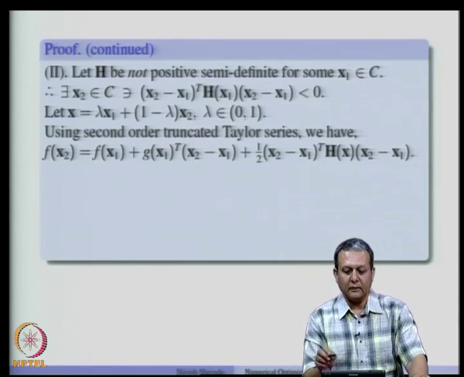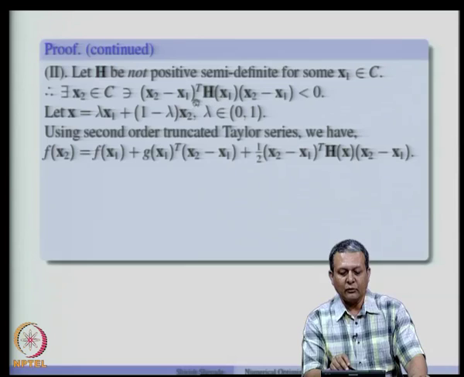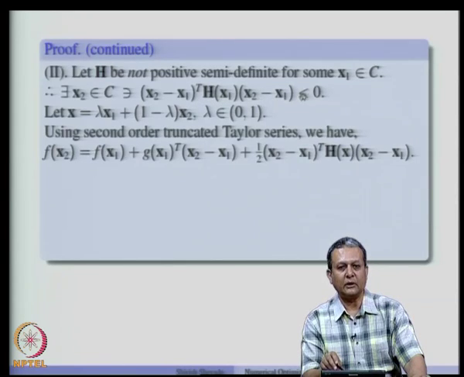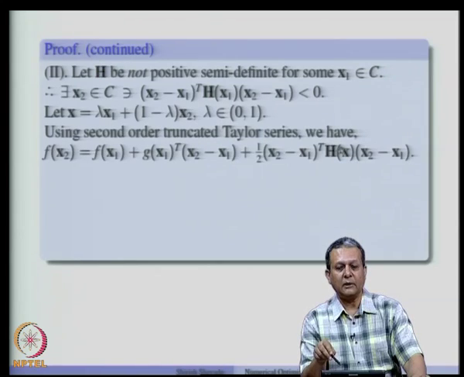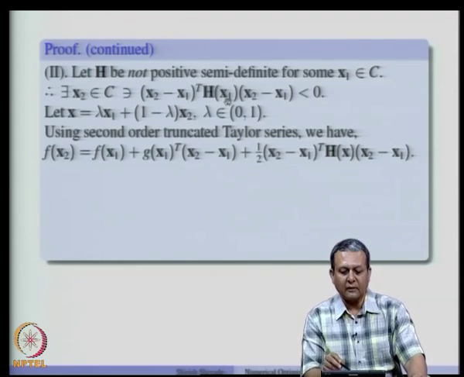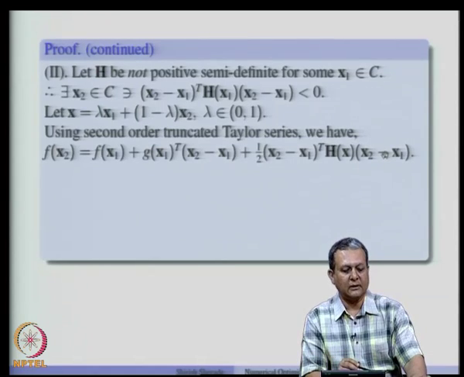Now, remember that this quantity is less than 0 at x1, by our assumption. Now, f is twice continuously differentiable. So, H is a continuous function. So, we can take x sufficiently close to x1 such that the third quantity in this expression is less than 0.